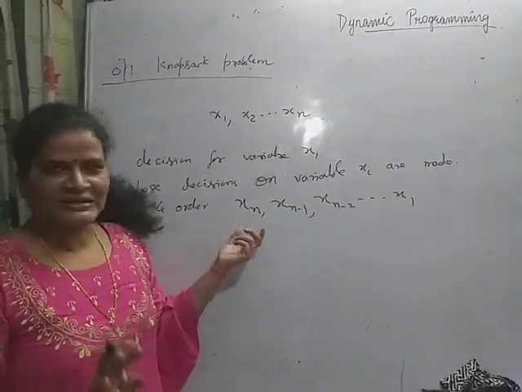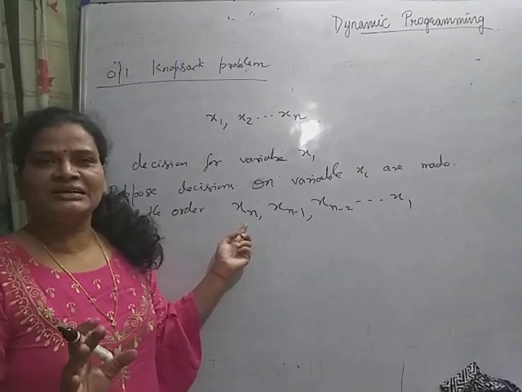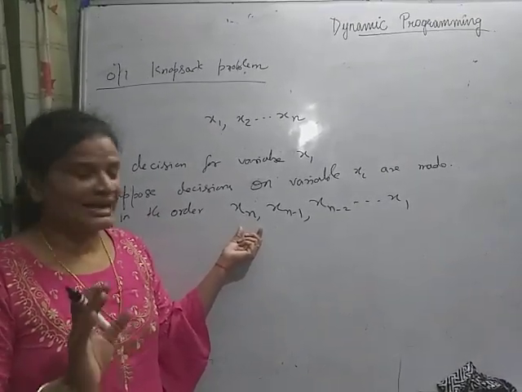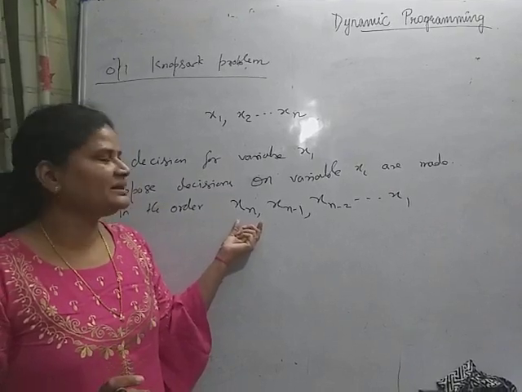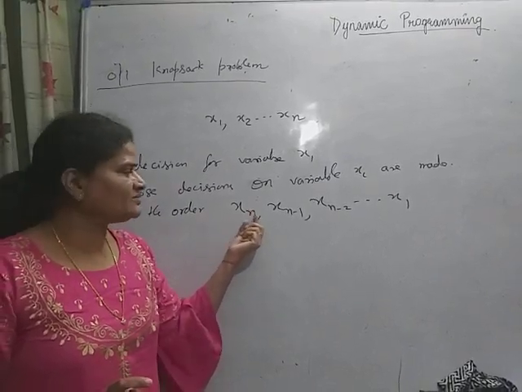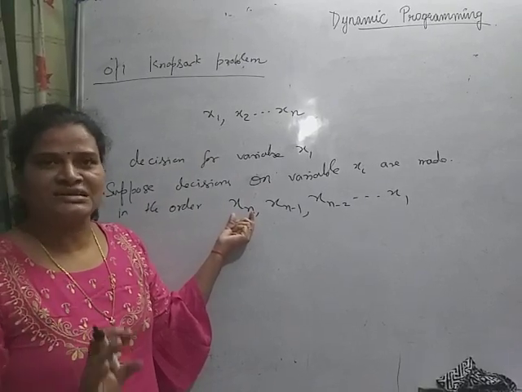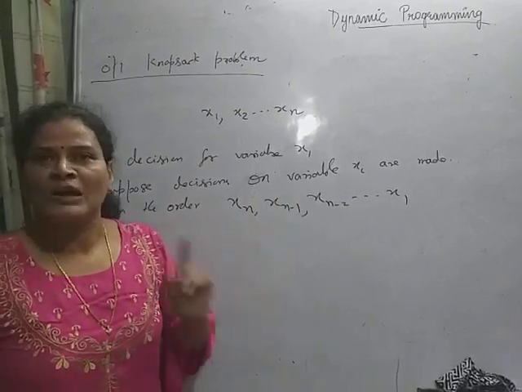So first I will take the decision for the nth object, and after taking it, there are two possibilities: either the value of xn is 0 or the value of xn is 1.